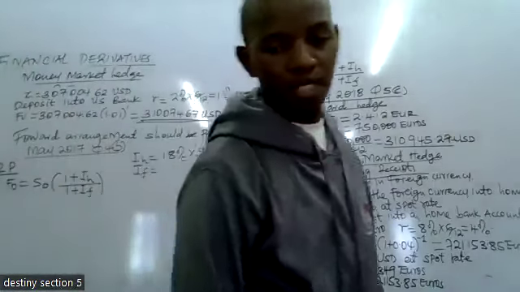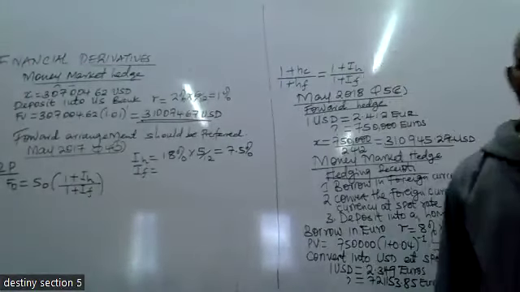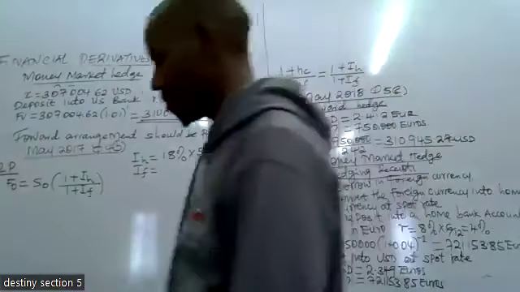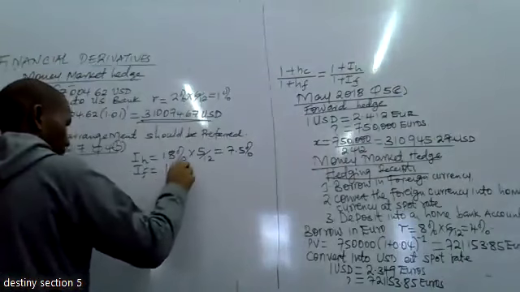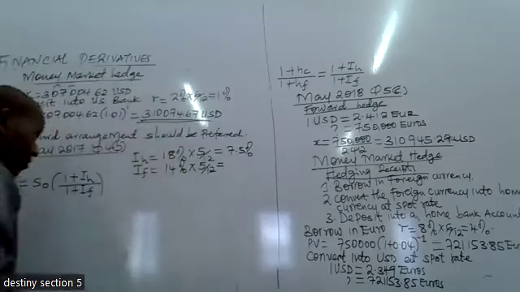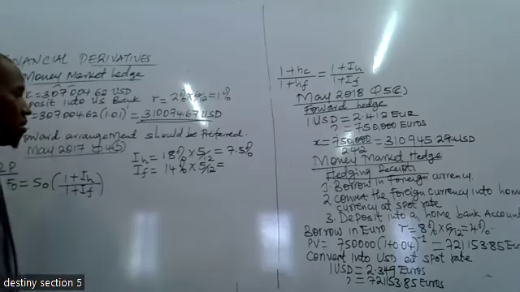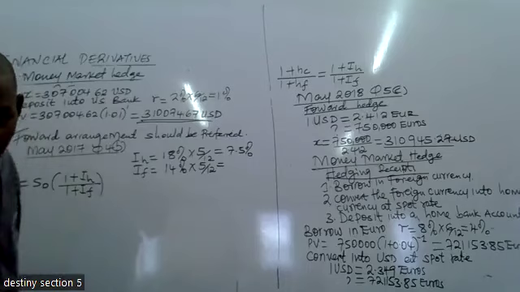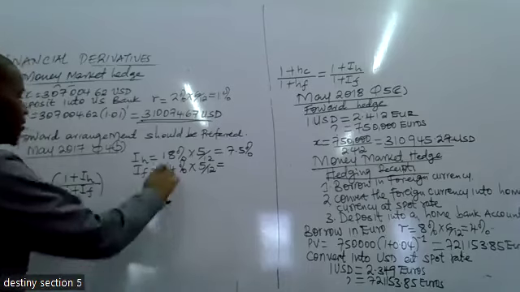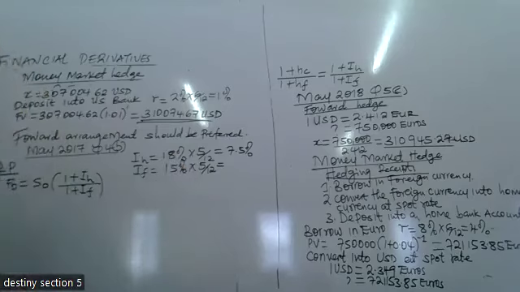What about for the foreign currency? What is the interest rate of the foreign currency? 10%, you are borrowing. Therefore, 5 over 12. That will give us how much? You multiply by 5 over 12.